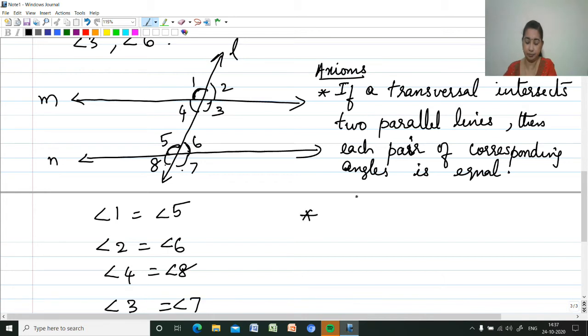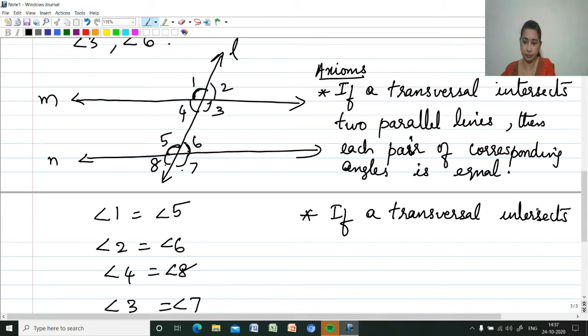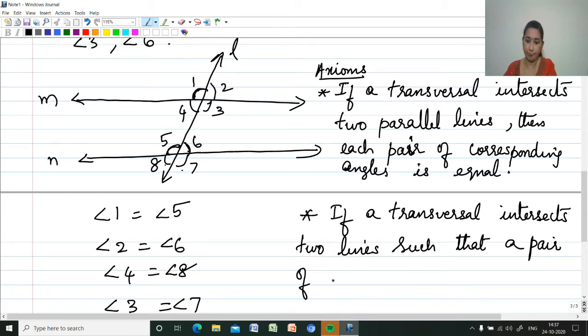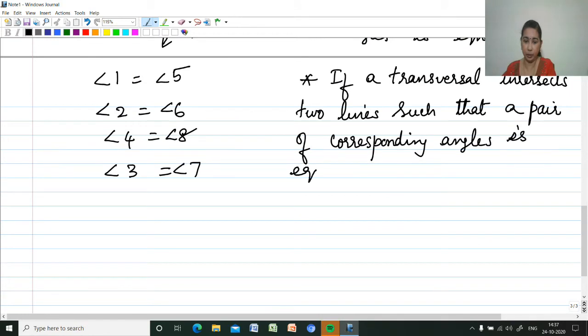Then another axiom: if a transversal intersects two lines such that a pair of corresponding angles is equal, then the two lines are parallel to each other.